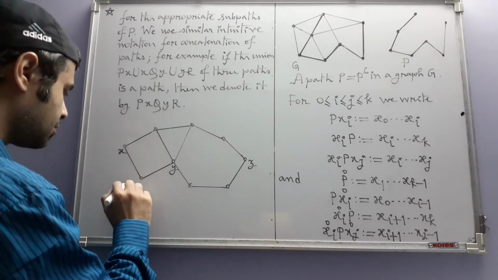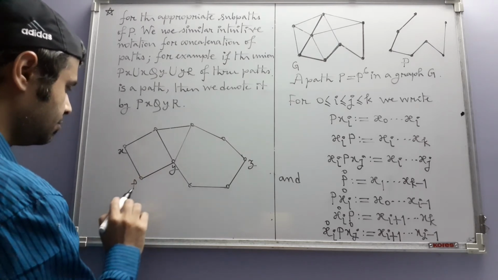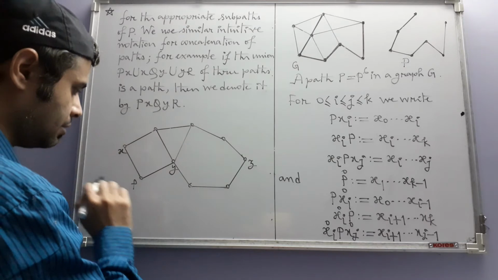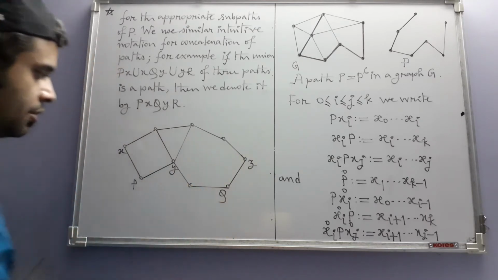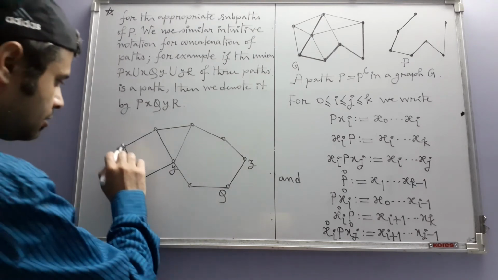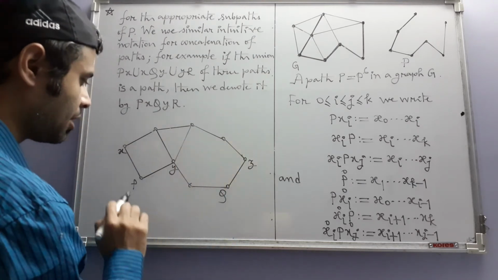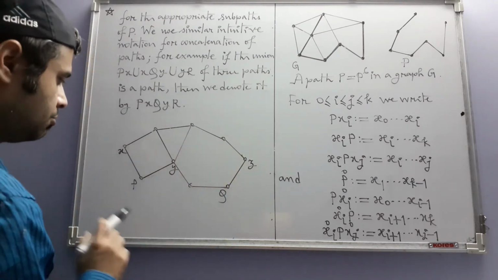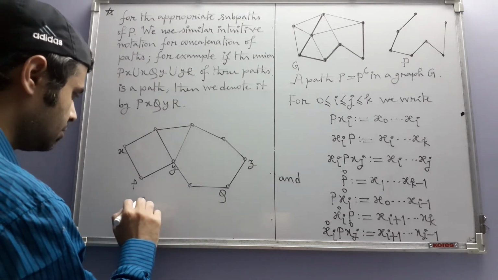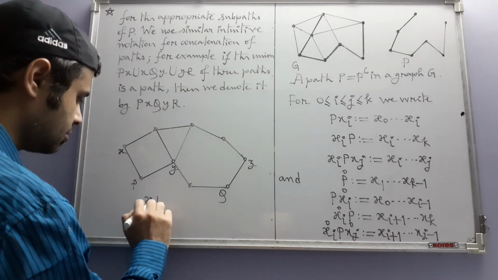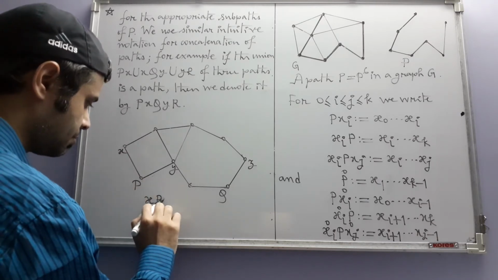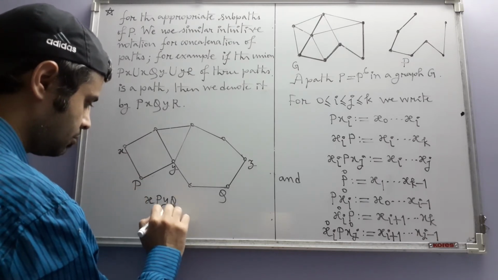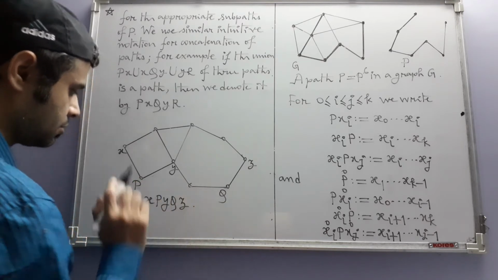If the path between x and y is P, and the path between y and z is, suppose, Q, then the total path obtained by combining these two paths will be denoted like this: xPyQz.